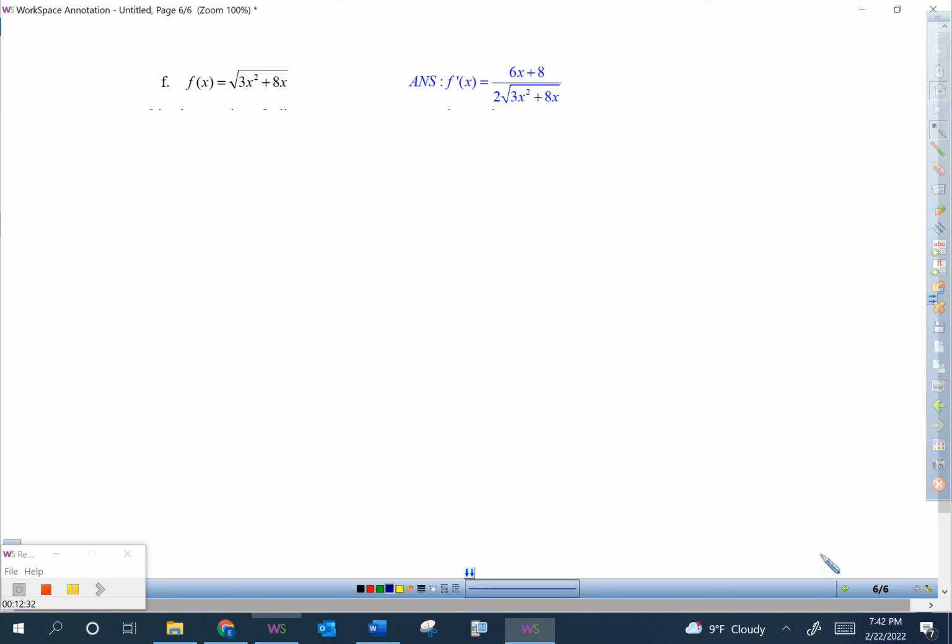Alright, last one here is with this square root. Again, rewrite it so it looks nice to help you before you apply your shortcut rules. We're keeping the 3x squared plus 8x, but we're putting in the parentheses to the 1/2 power. That's going to help us. Okay, we're using our power rule. So our derivative is 1/2, keep those parentheses, 3x squared plus 8x.